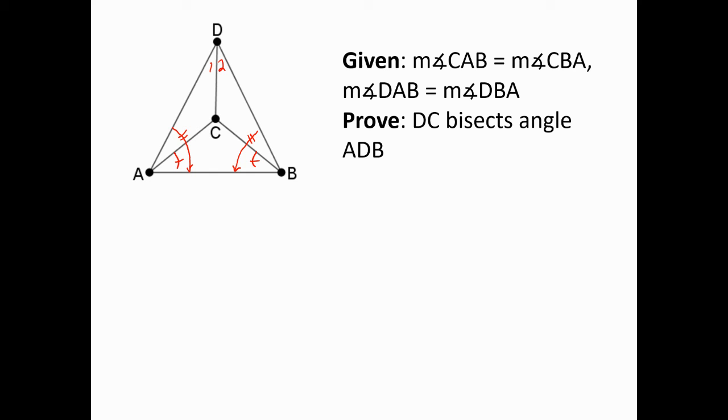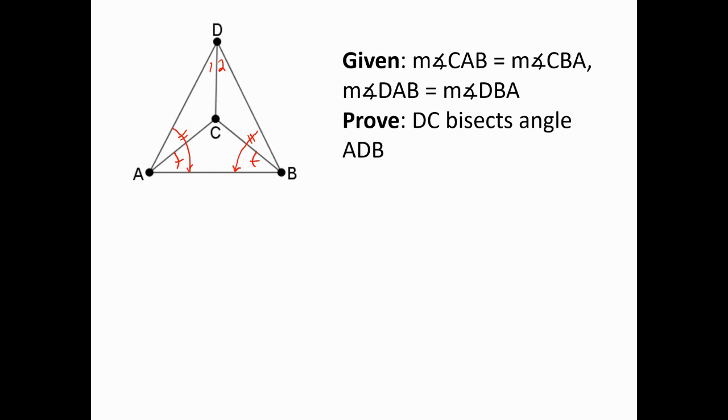The isosceles triangle theorem itself says that in a triangle with equal sides, the angles opposite those equal sides are themselves equal. The converse of the ITT says that in a triangle with a pair of equal angles, the sides opposite those equal angles are themselves equal. So here's what has to follow. By converse ITT, it'll have to follow that AC is equal to CB, and it will also have to follow that AD is equal to DB.